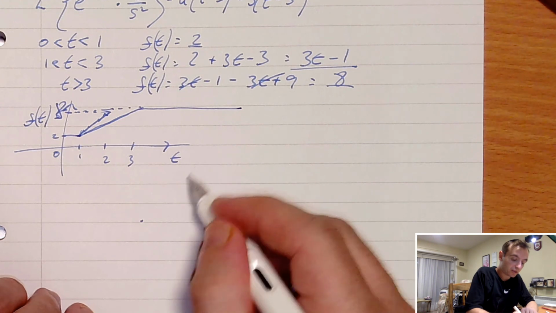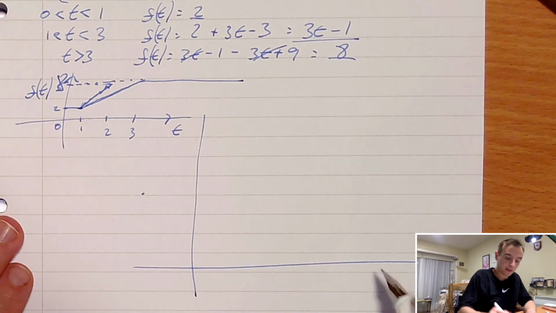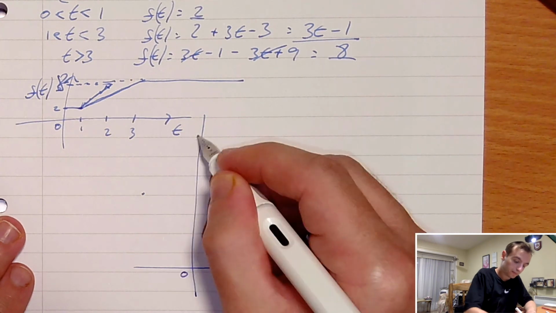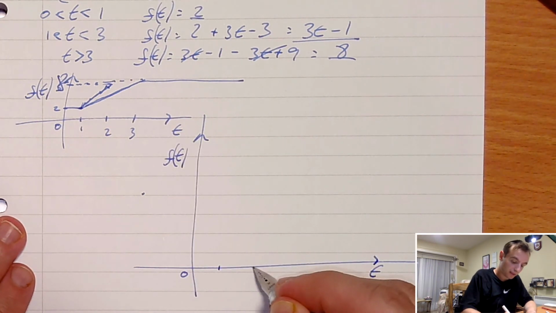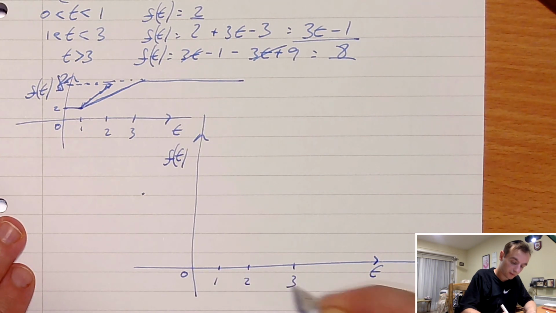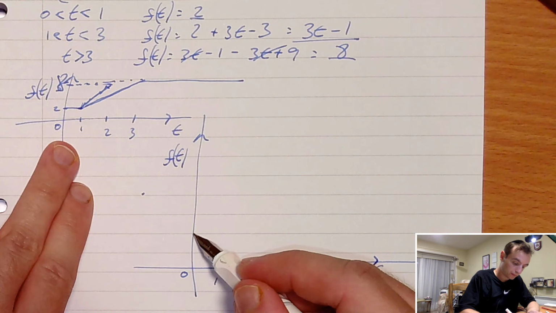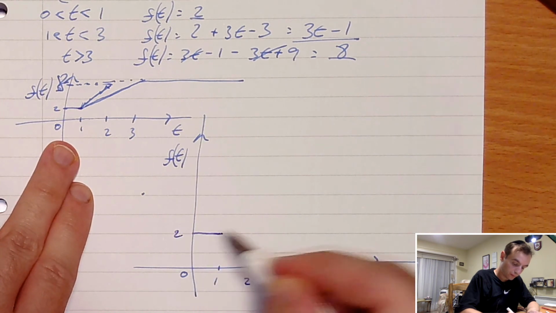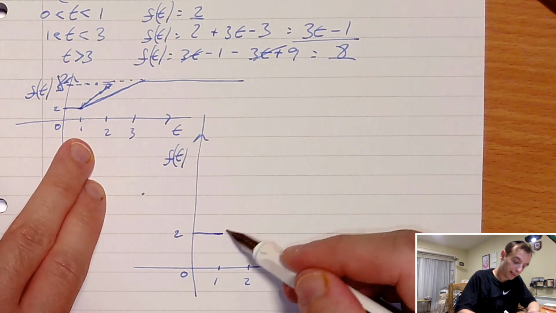So if we were to draw that a little bit better, we'd have 1, 2, 3. 2 between 0 and 1. And then at 3, it's going to go all the way up to 8.